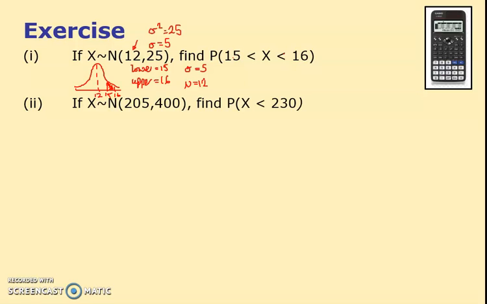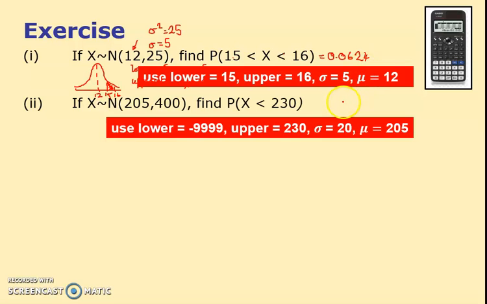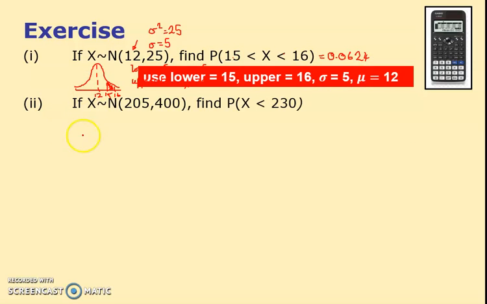It was 15, 16, 5, and 12. And I get 0.06. Now, three significant figures, 0.0624. Hopefully I've done that right. I'll soon check in a bit.